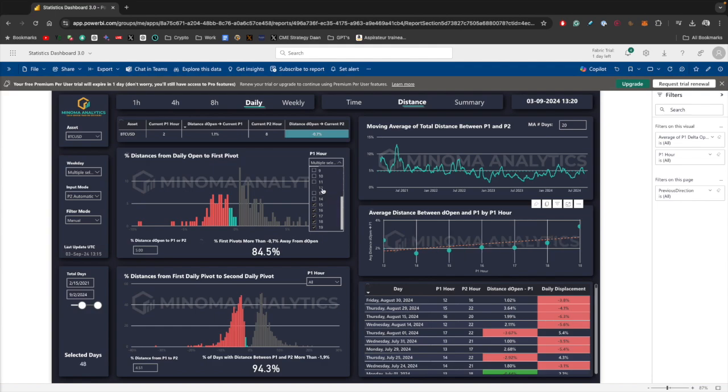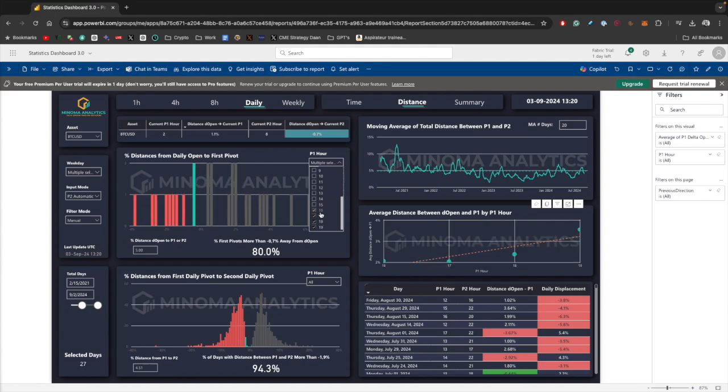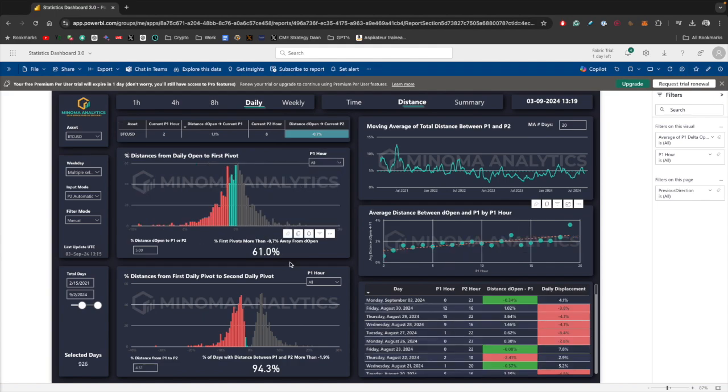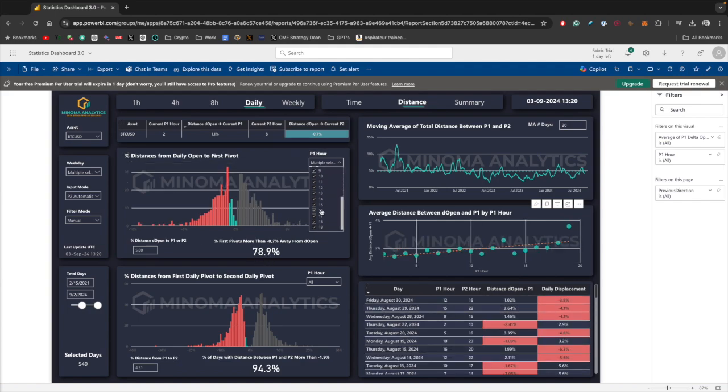Selecting just hours 12 to 19 does not have that much more of an impact on the statistics, whereas deselecting hours 0, 1, and 2 had a big impact. We went from 61% to 78%, right? And selecting the afternoon hours, what we got? 83% or something? So only a couple of percent more.